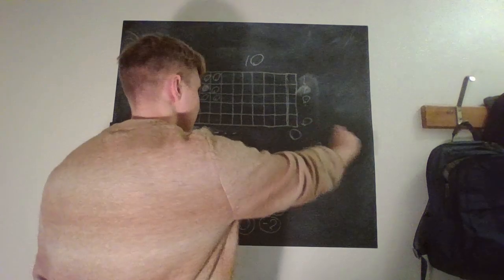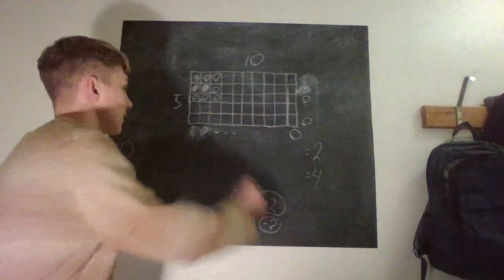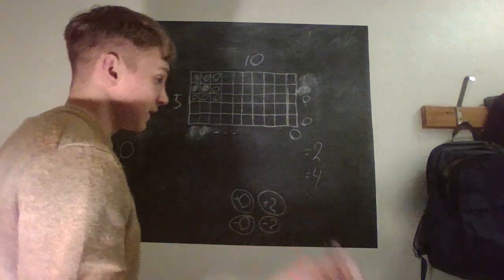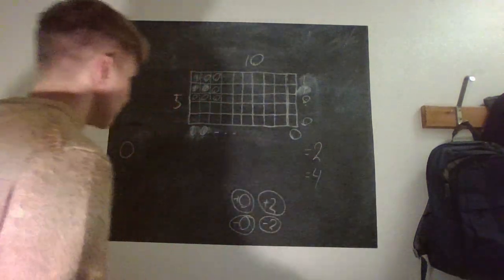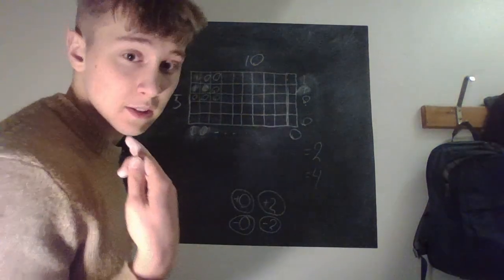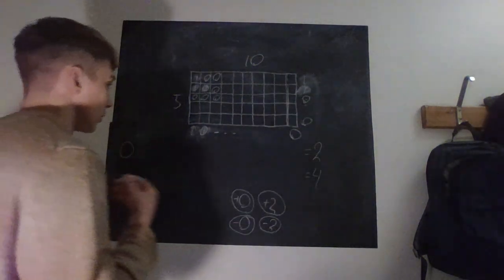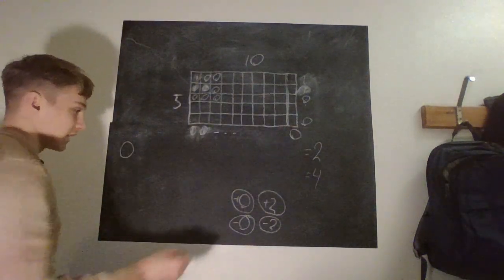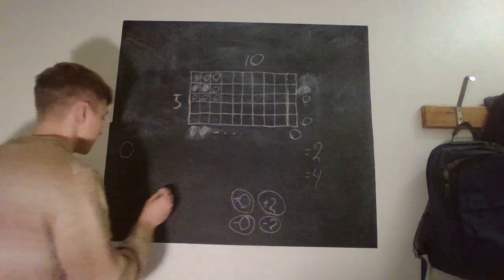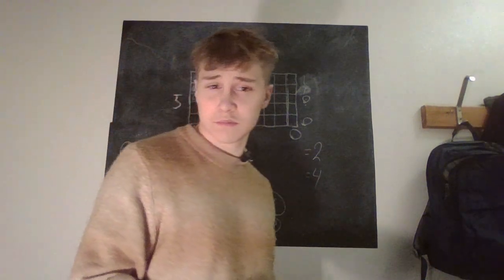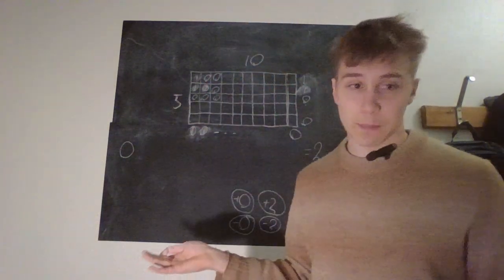And what is the sum? Okay, so there are 10 odds and 5 odds, so we want 15 odds, or 15 ones. And what is that? That is an odd number. So what we can see here is that we're starting out at 0. We can add 2 and minus 2, and we want to get to 15, which obviously won't happen.